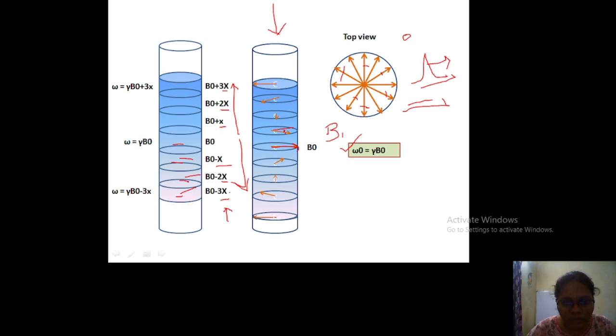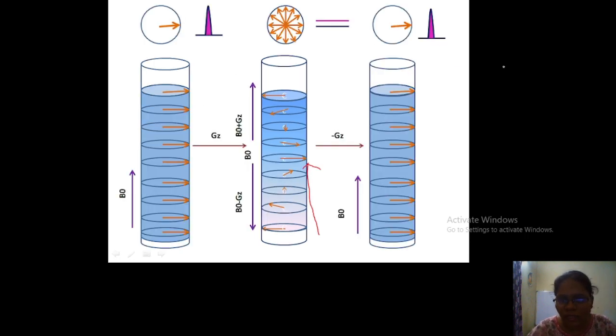When I apply the reverse gradient here, an additional magnetic field of plus 3x will be added. Here plus 2x will be added, here plus x, and here minus x, minus 2x and minus 3x. So all these additional magnetic fields cancel each other and you regain the homogeneity in the sample. The entire sample will have only one magnetic field, that is B naught.